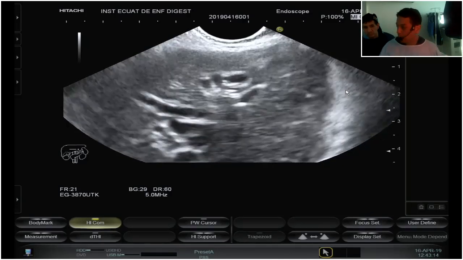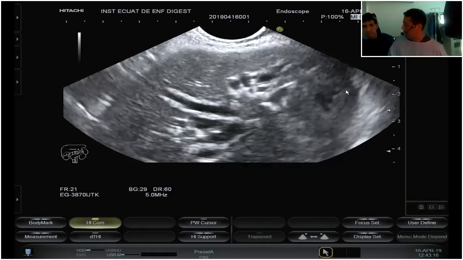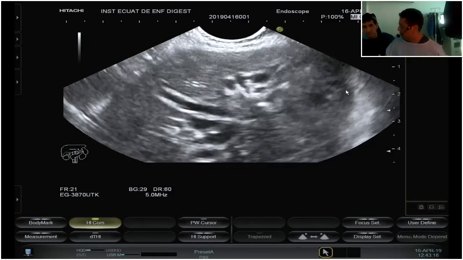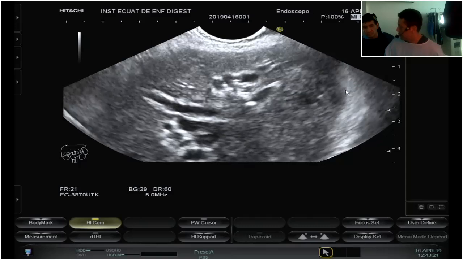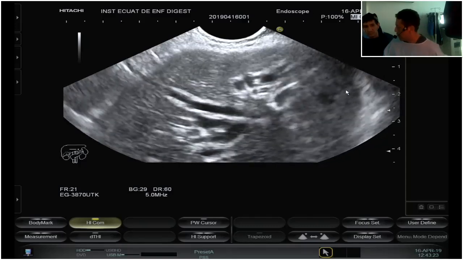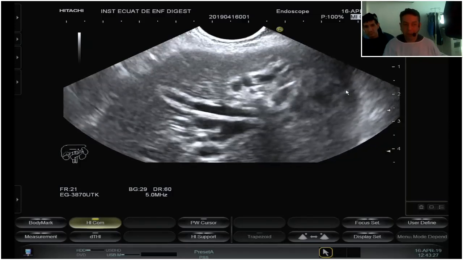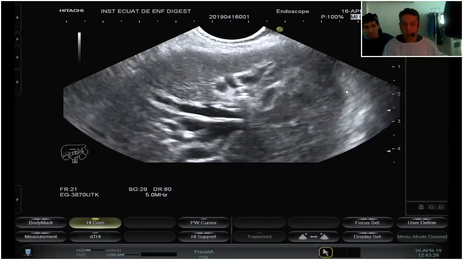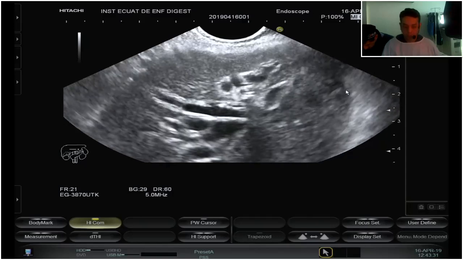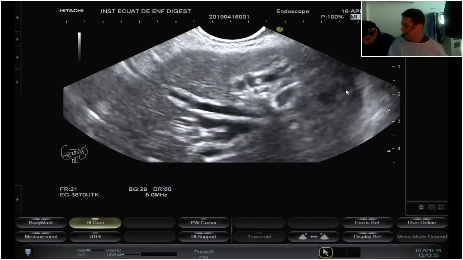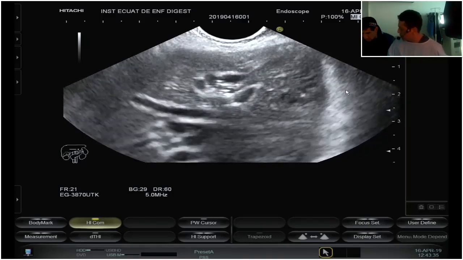But if I cannot do it, I have my radiologist already here near to do percutaneous drainage also, to try to solve the case. But I believe that this is more than a stenosis with stones; probably this patient has cholangitis by reflux.